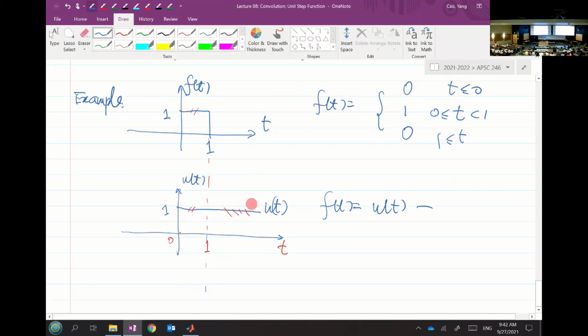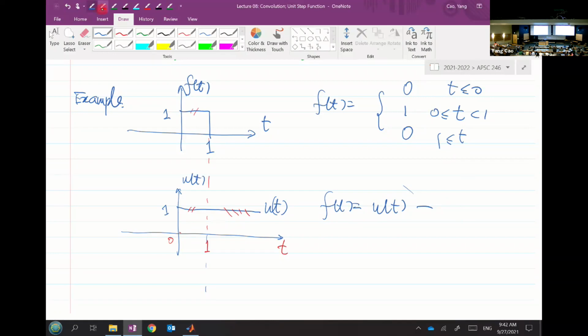What should I minus? Forget about the expression here, just think graphically. Oh, good. You already told me the answer. Excellent.